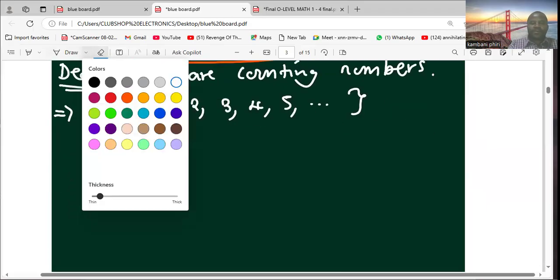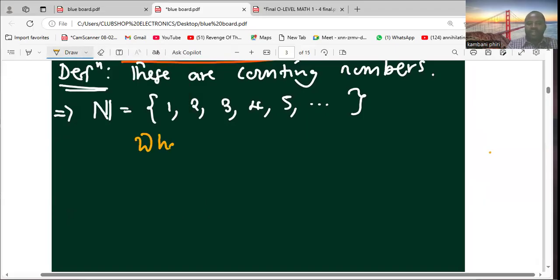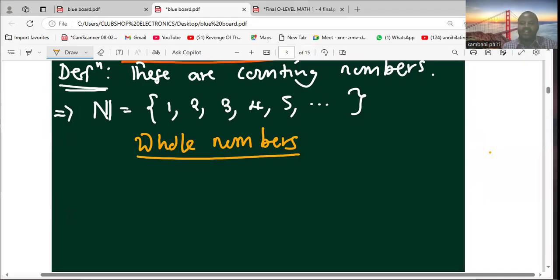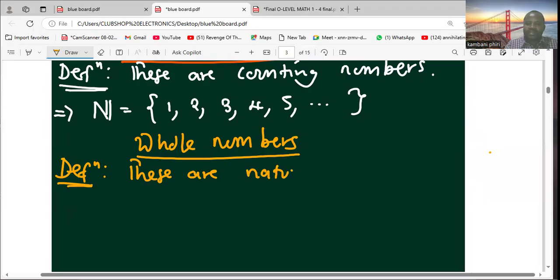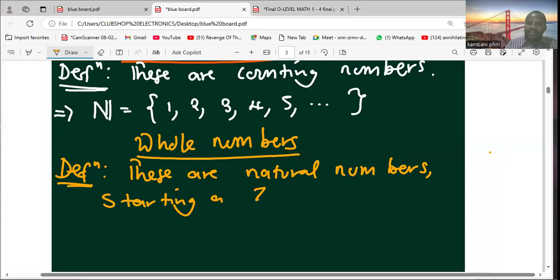So these are our natural numbers. Then we have what we are calling whole numbers. Whole numbers, in essence, are natural numbers, but we start with a 0. So by definition, these are natural numbers starting with a 0.